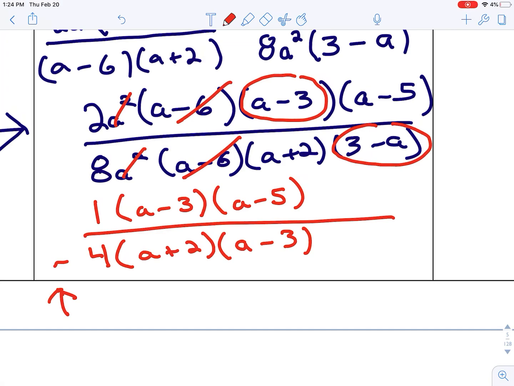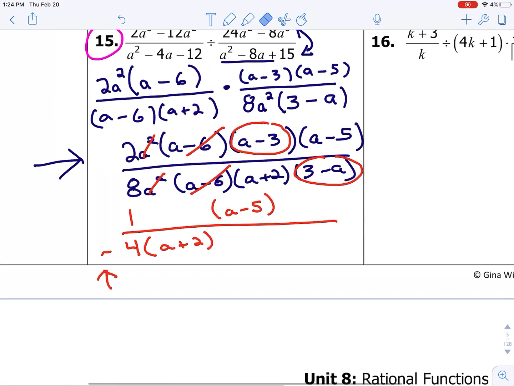Okay, so now I can see that they are in the proper order. And I'm allowed to get out my erasing pen. And I'm able to cross out my binomial factors. And I'm finished. So it's negative 1/4 a minus 5 over a minus 2. Okay, or I would look at it even more like a minus 5 over negative 4 times a plus 2. And that's a pretty tough one there.